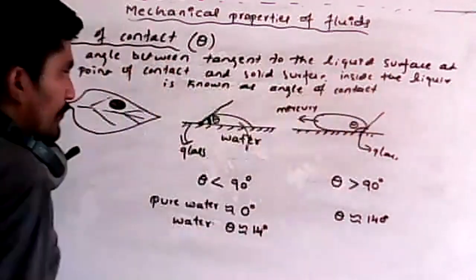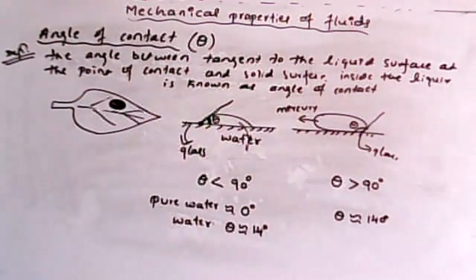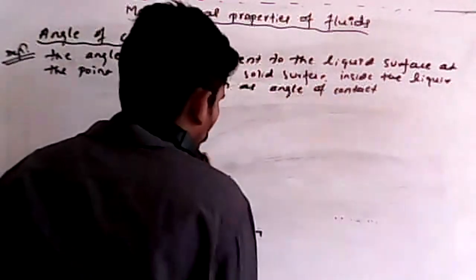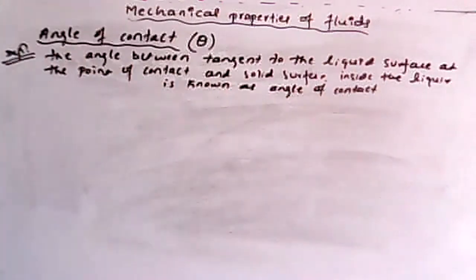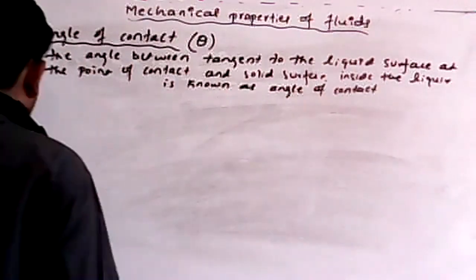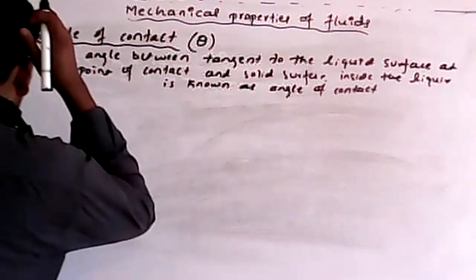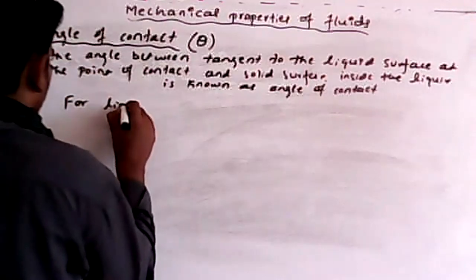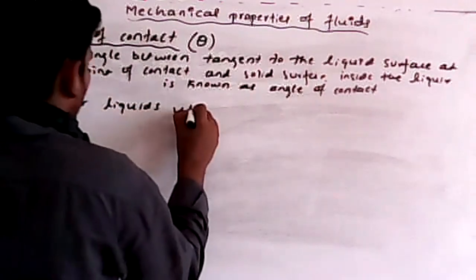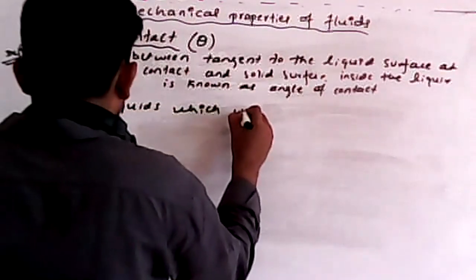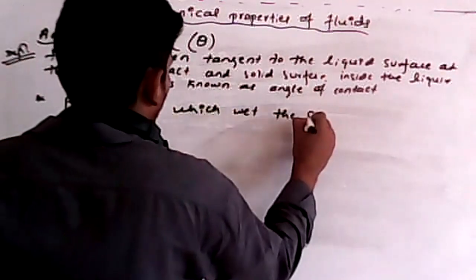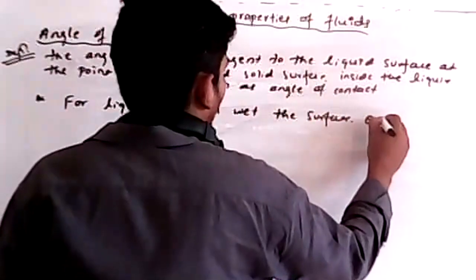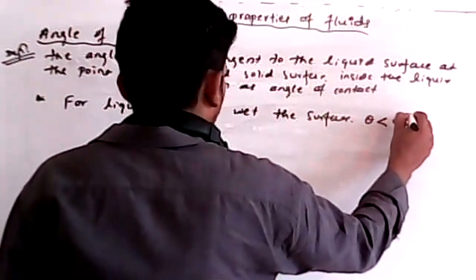Let me write a few very important points about these things. You have already written these diagrams. Let me take the first point. For liquids which wet the surface, the angle of contact will be less than 90 degree.